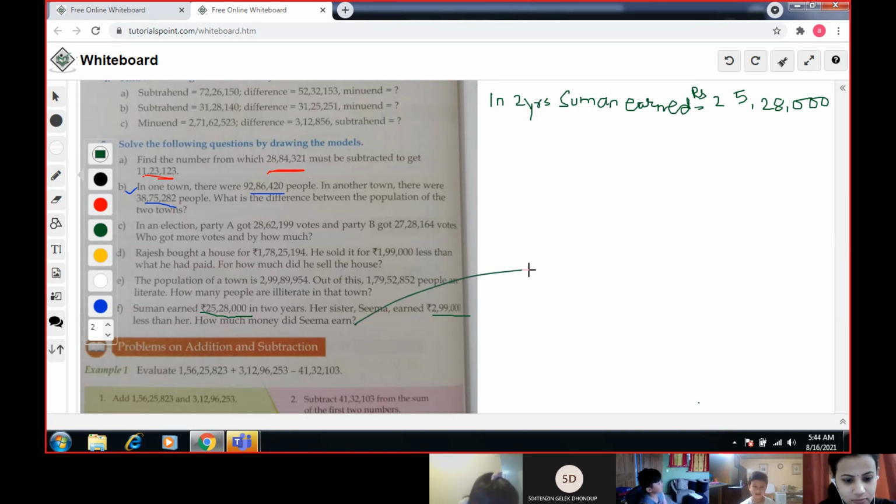Now the second part is asking Seema earned 2,99,000 less than her. Two lakh 99,000.